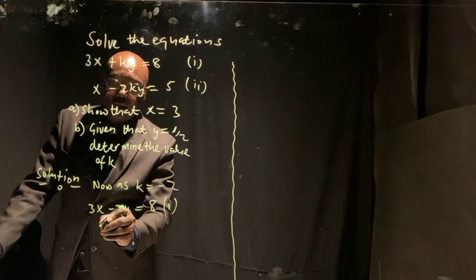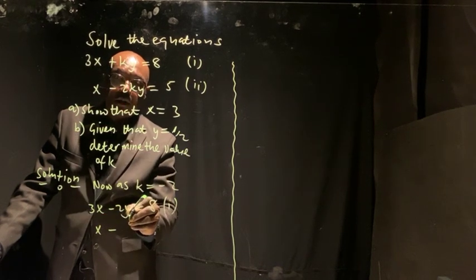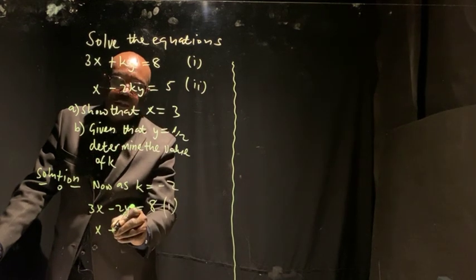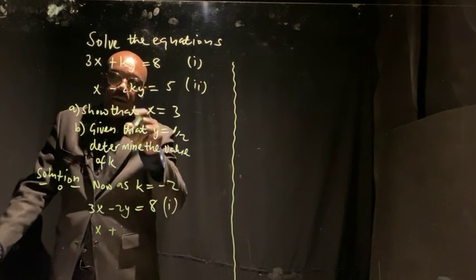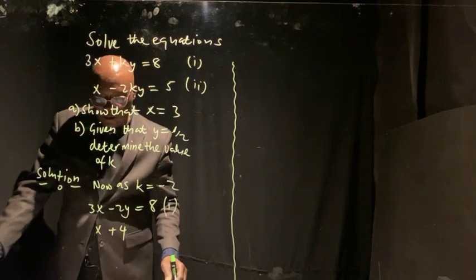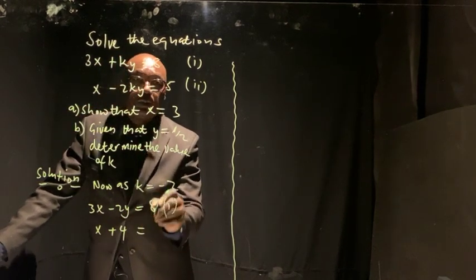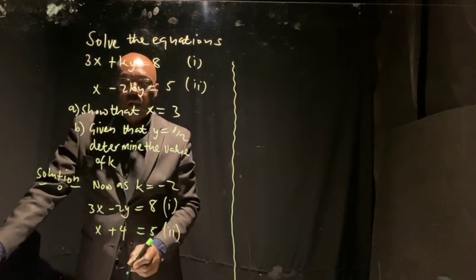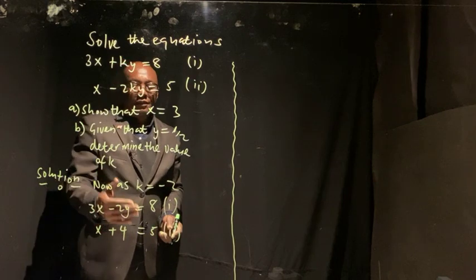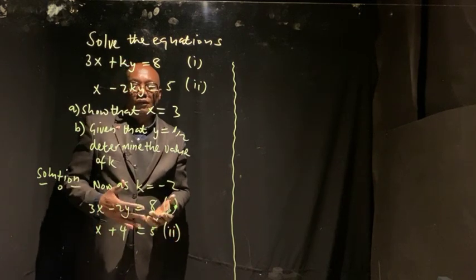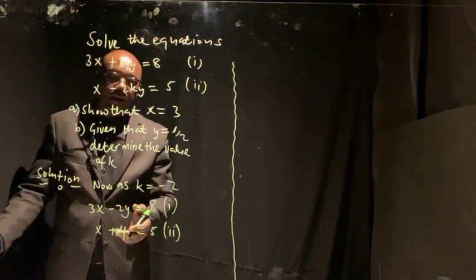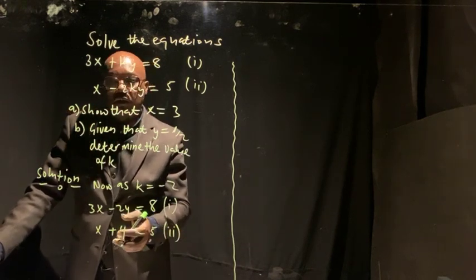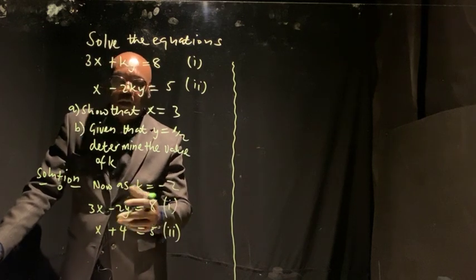And this one is x minus 2ky, where ky is minus 2, so it will be plus 4, and then this one is 5. This is the proper equation 2. Now, if you do the simultaneous equation, as we've already done, you come by with the same x equals 3, and then y equals half, as we said.